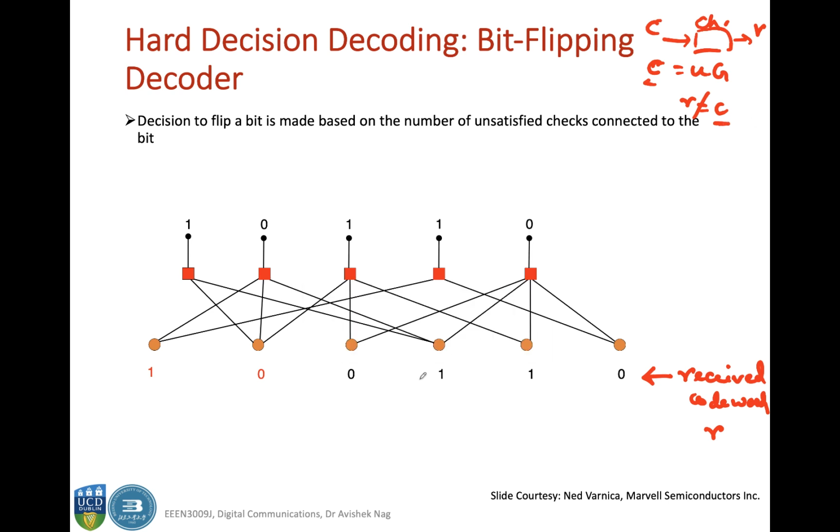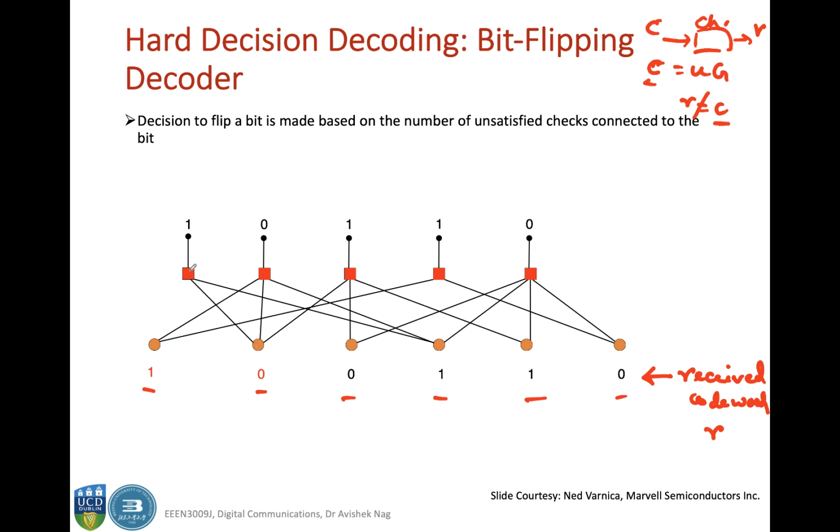Okay, so let's write the R like this. These are the different bits of R. Let's put it across the variable nodes of the Tanner graph. Now if you look into the check nodes here, find out the modulo 2 sum of whatever is incident on these check nodes.